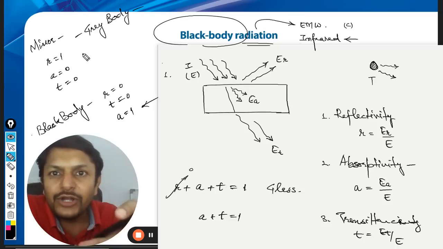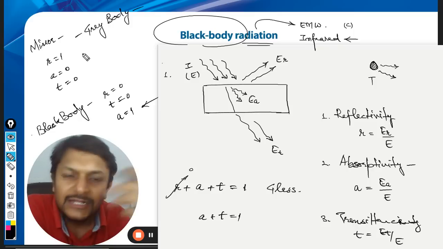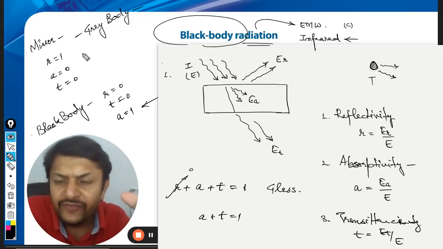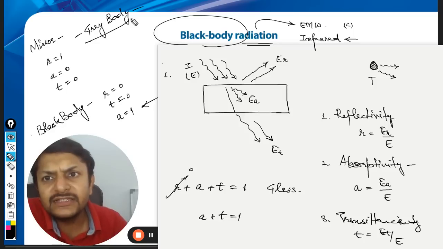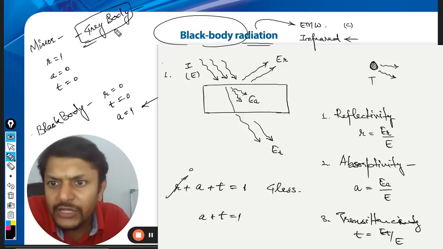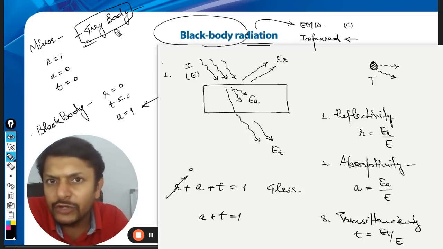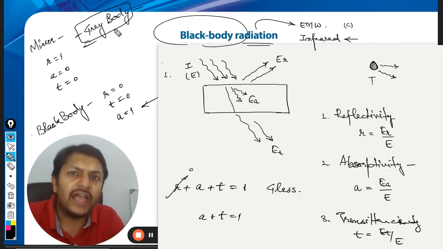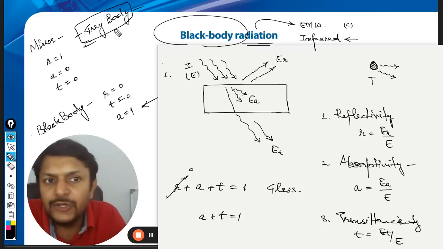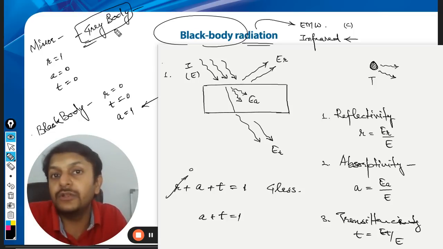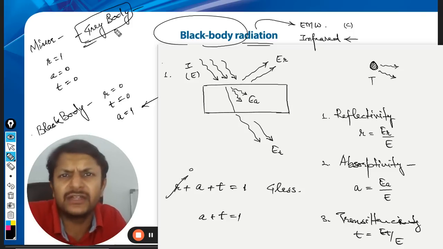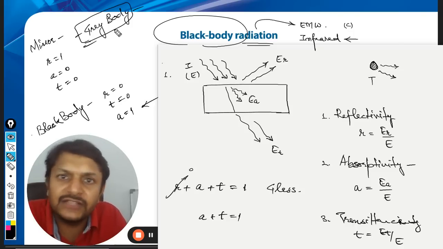Gray body means a body for which the absorptivity is not 1 and a certain part of the radiation is reflected. This is the non-ideal and more practical condition, and every other body in the world is a gray body. A black body is a completely hypothetical concept, and there is actually no such body, but some astronomical bodies are assumed to be black bodies. The Sun is assumed to be a black body, which has been proved many times, in about 99% of cases.